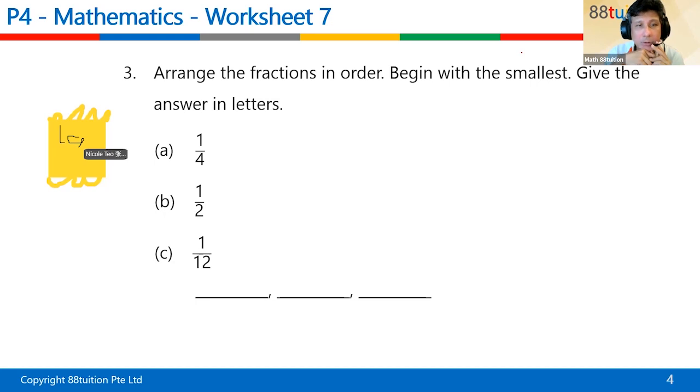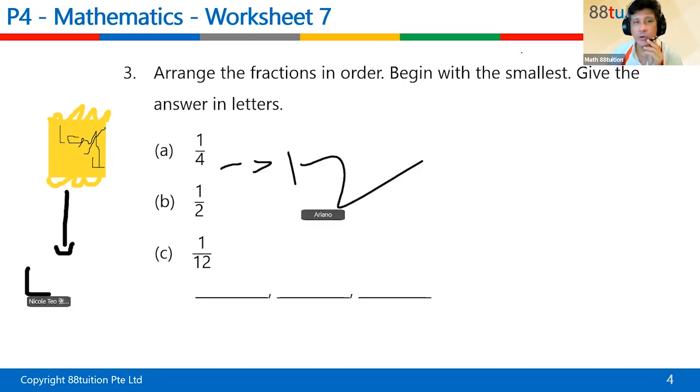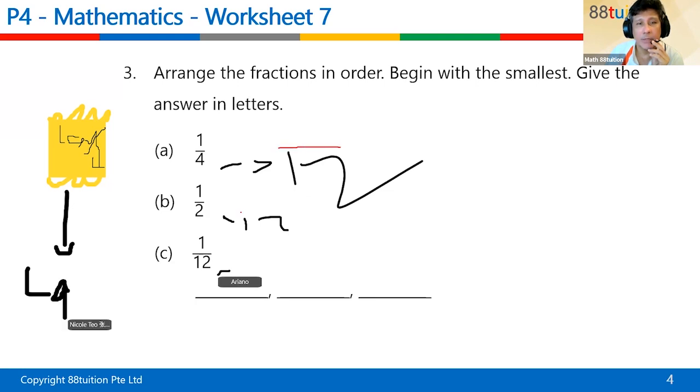Ariano, you may want to change all the denominators into the same number so that it is easy to compare. Very good. The denominator should be changed to 12. Okay. So if all the denominators are 12, what will your numerator be?